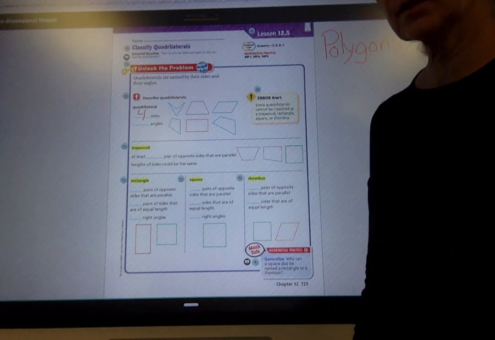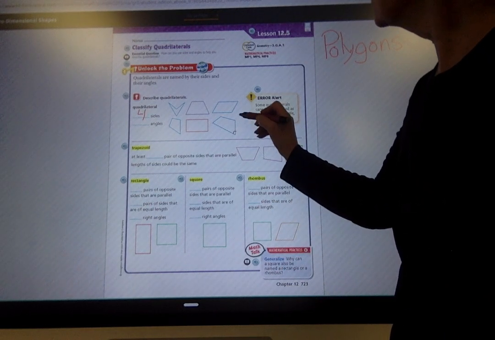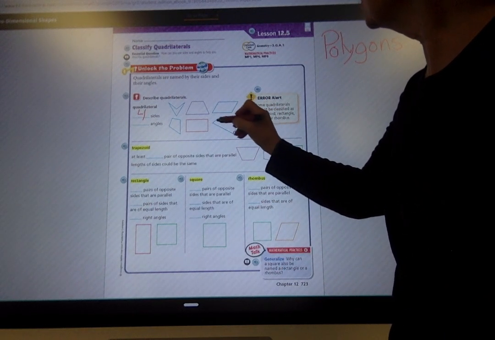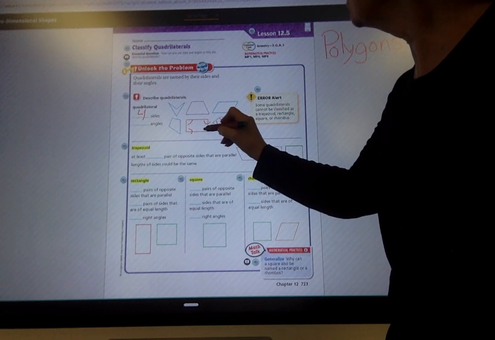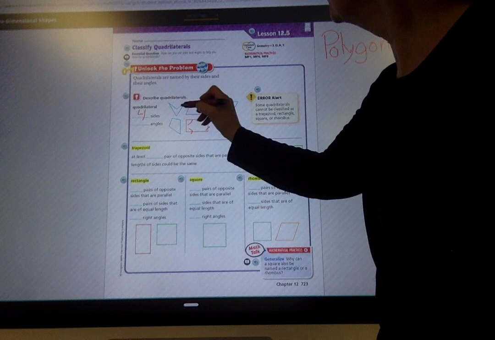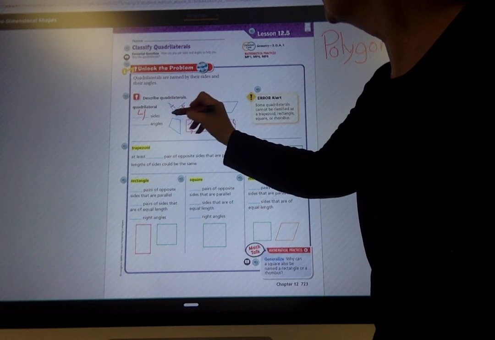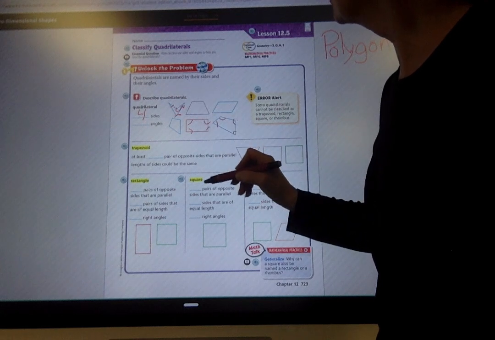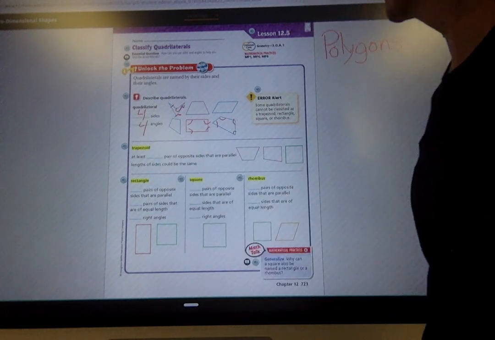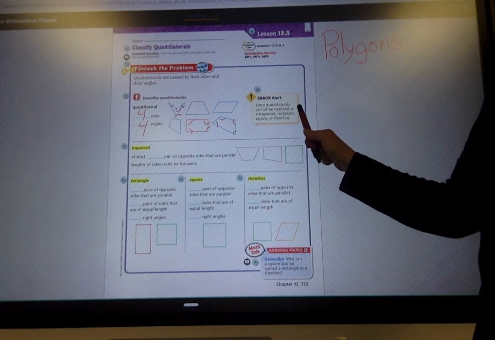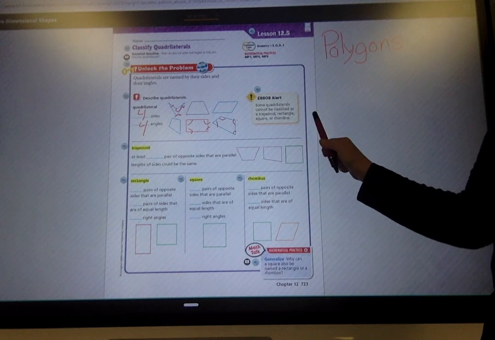How many angles does each quadrilateral have? 1, 2, 3, 4, 1, 2, 3, 4, 1, 2, 3, 4. They each have four angles. Some quadrilaterals cannot be classified as a trapezoid, rectangle, square, or rhombus.